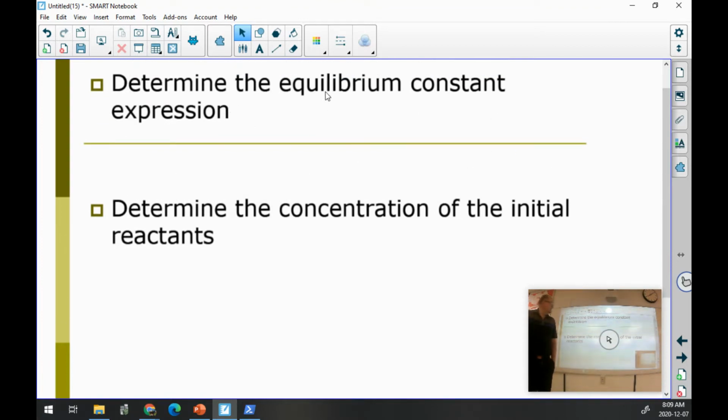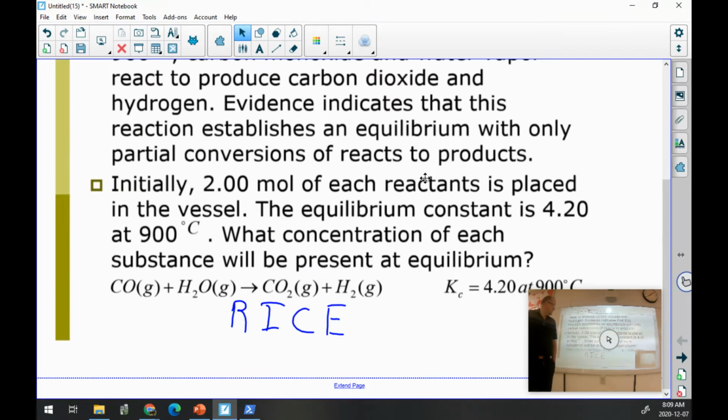So the first step in this, or a step, I'd like to do it first, is to determine the equilibrium constant expression for the equation. Well, here we have everything at 1 to 1.